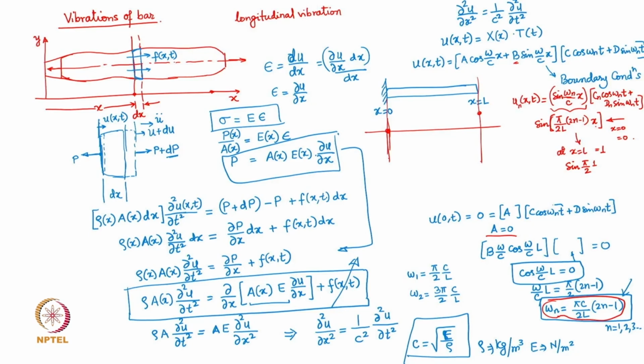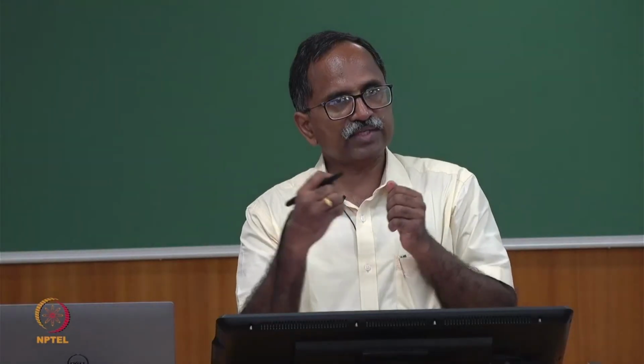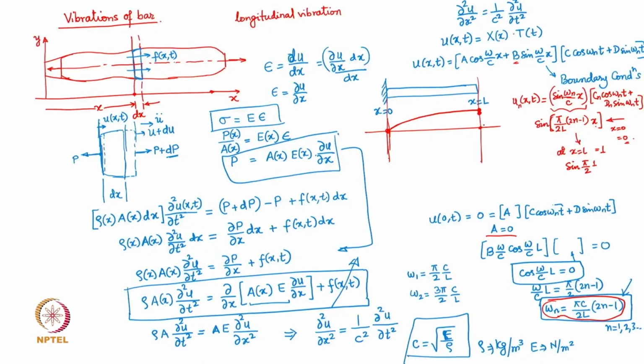From 0 to pi by 2 there will be no zero value, right? The sine function changes from 0 argument to pi by 2 argument, from 0 to 1. So the response or the stretch in the bar is going to follow this kind of a mode shape. What will happen as the bar vibrates along the longitudinal direction? Although I have shown the displacement of each of these elements in this direction, actually the vibration is not lateral.